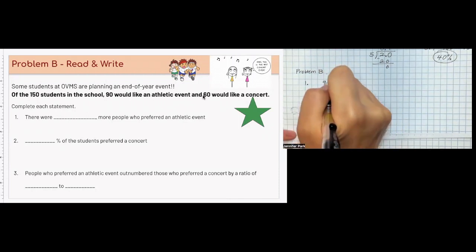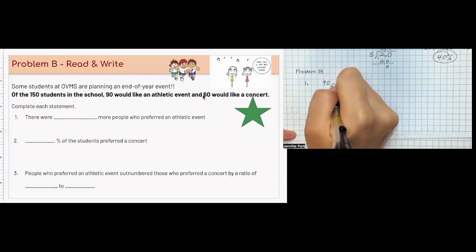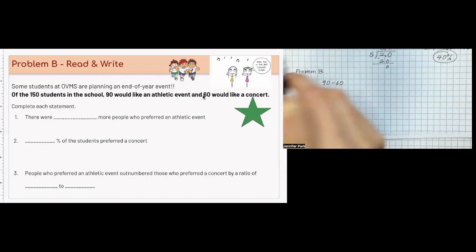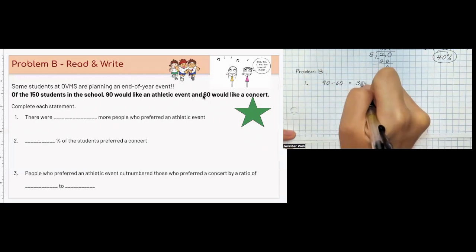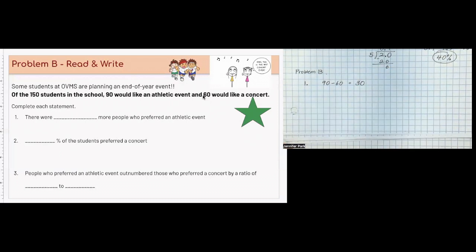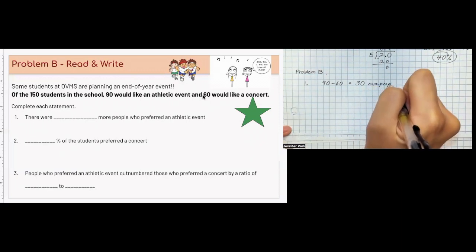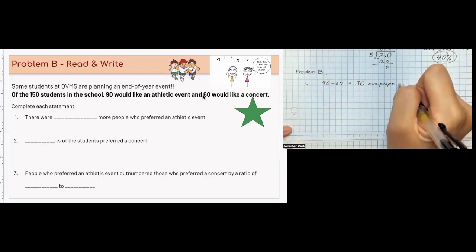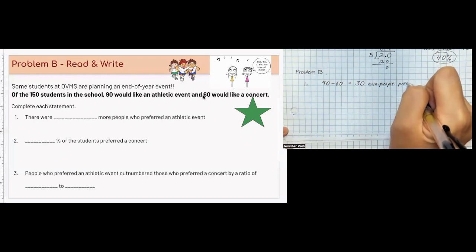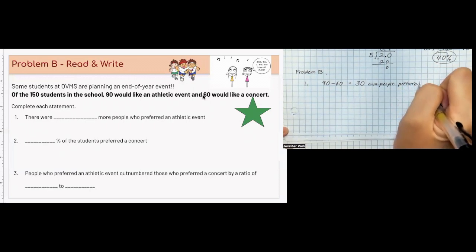Well, 90 students prefer athletic event, but 60 preferred concert. So if you find the difference between the two, it's going to be 30. 30 more people prefer the athletic event. Okay, so that's finding the difference.